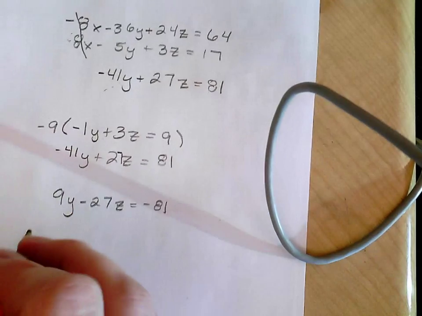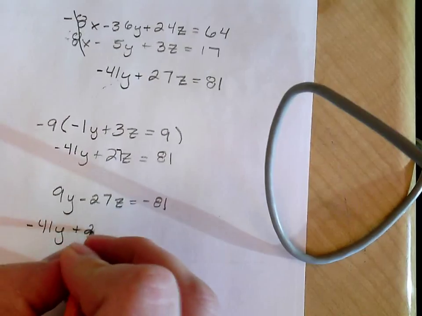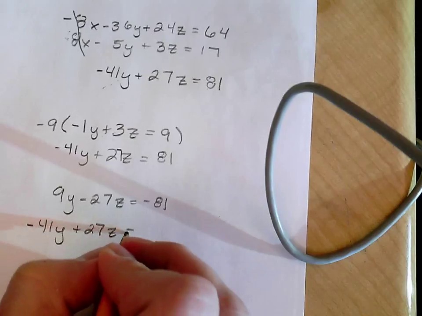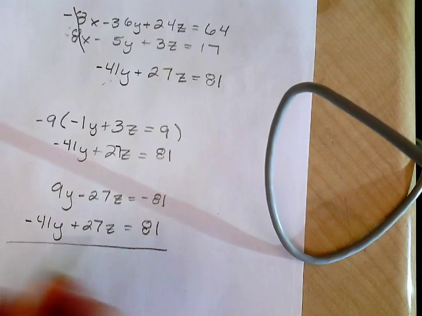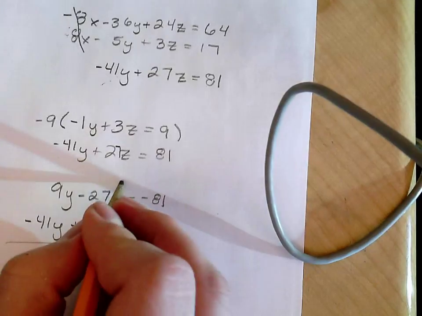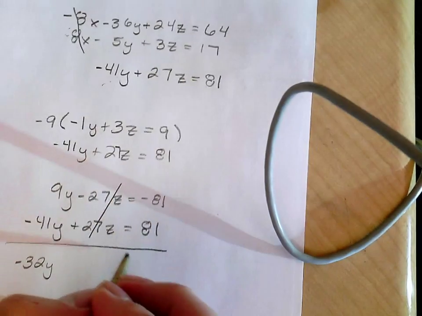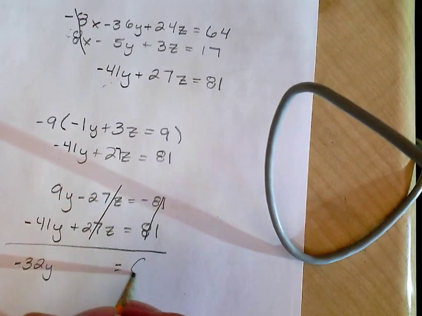This one I do nothing to, so negative 41y plus 27z equals 81. Okay? So, combine downwards. That gives me negative 32y. The z's cancel out. And actually, these cancel out too, giving me 0.